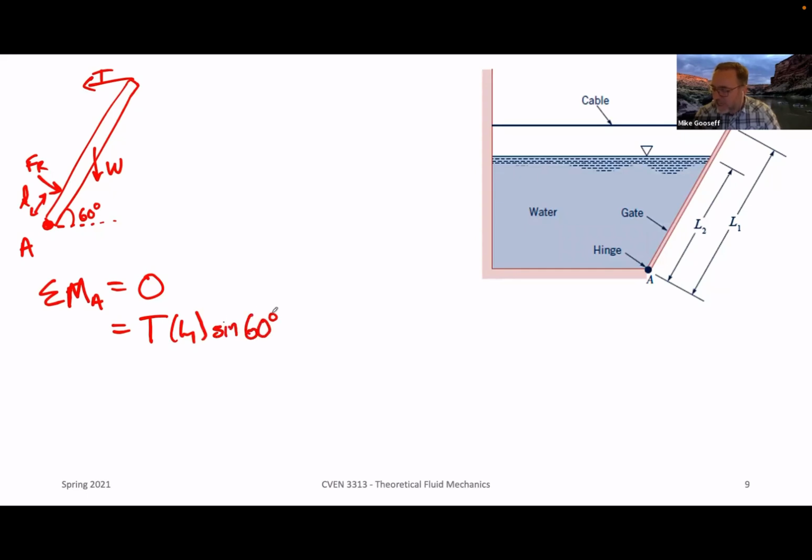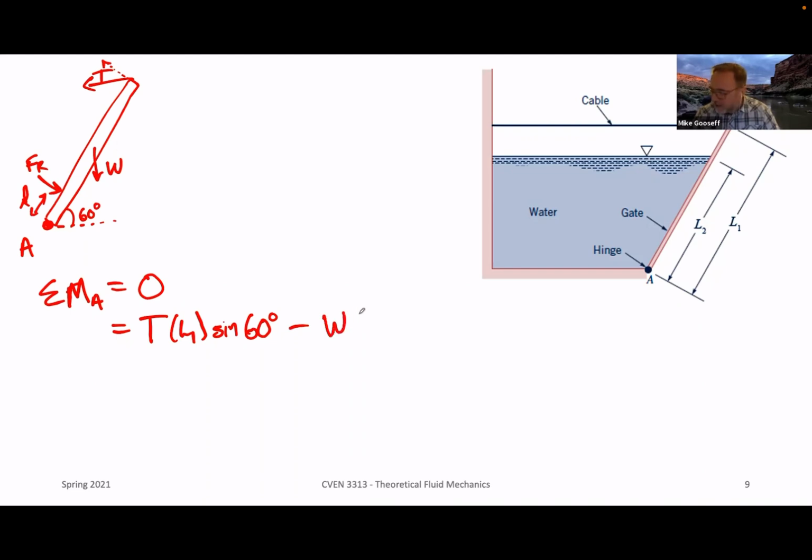Now, the reason I have that is that we only want the component of T that's acting perpendicular to our gate. So we're going to use just the sine of 60 component of L1 times T. Then we'll subtract the weight.